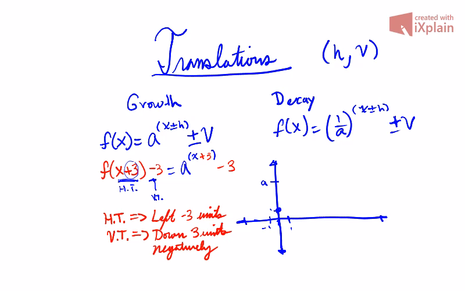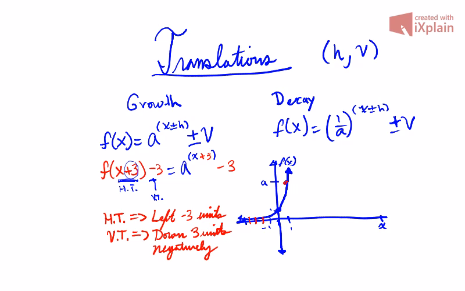And it looked like this. That's x. This is f of x. And the original function looked like this, right? Well, now I'm going to move everything to the left 3. So 1, 2, 3.